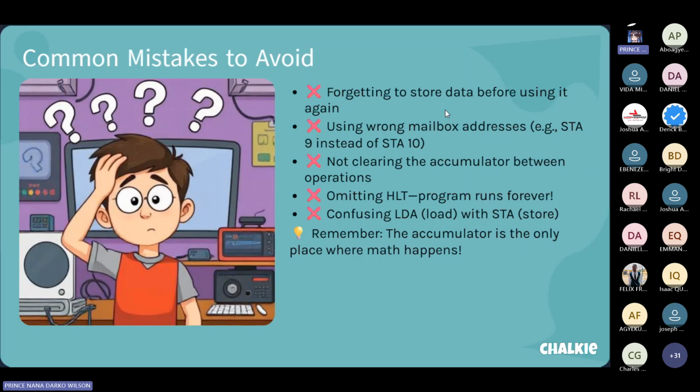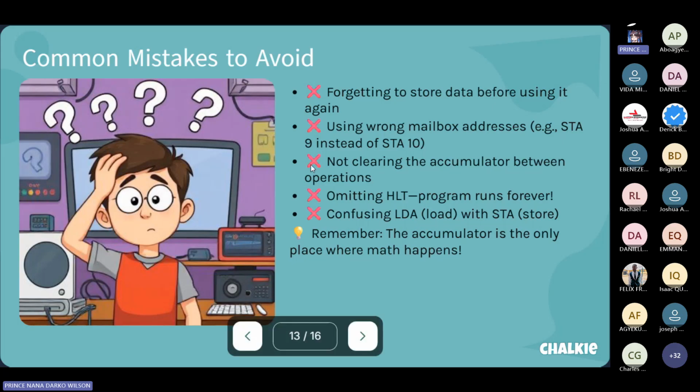Second one says using the wrong mailbox addresses. If you store data in 10 and then you want to retrieve it and you mistakenly say retrieve data from 9, the computer is going to keep giving you empty retrievals because you are giving it an empty address. You have stored in one box and you're asking it to retrieve from another. So always take note of what you have stored.